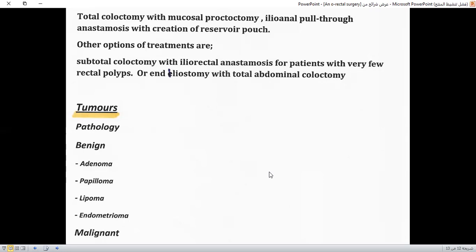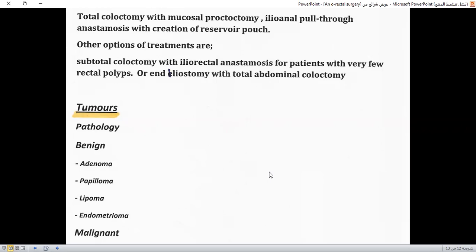Lipoma of the rectum: lipoma can occur in a lot of parts of the body, including one of the sides of the rectum. Endometrioma can also occur in the rectum. These are the benign rectal tumors.